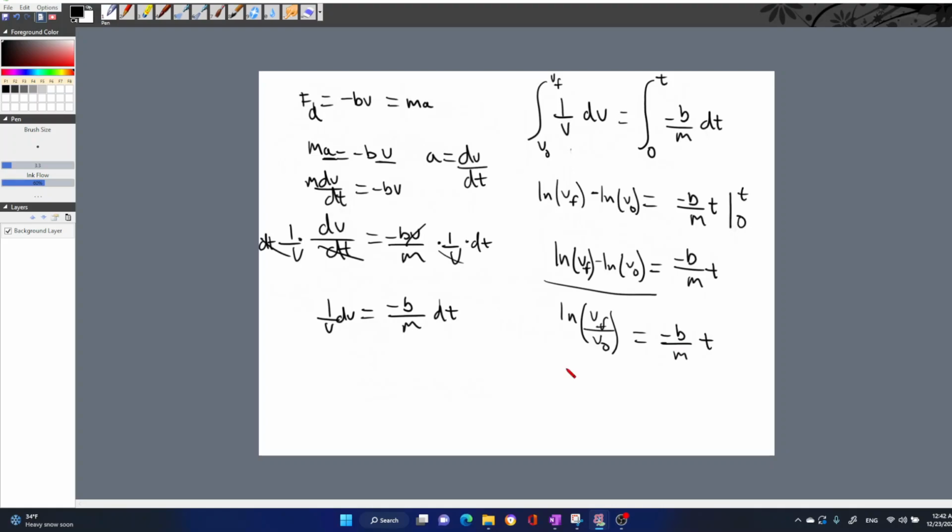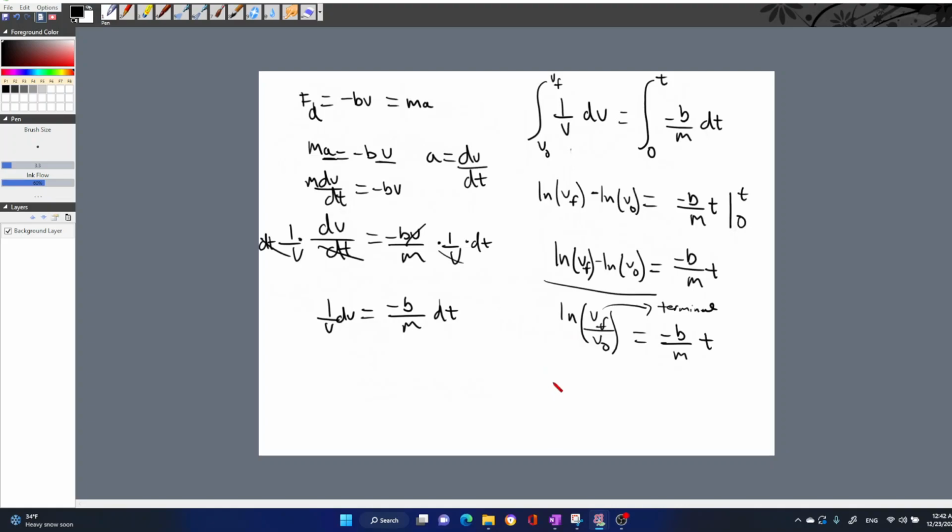Great. This is pretty much all the hard work done here. And now we're trying to find vf, right? Since vf is technically our terminal velocity, that's the final velocity, so that's terminal. So we're trying to isolate that, but then it's inside a natural log, so we have to take both sides to base e to cancel the natural logs out.